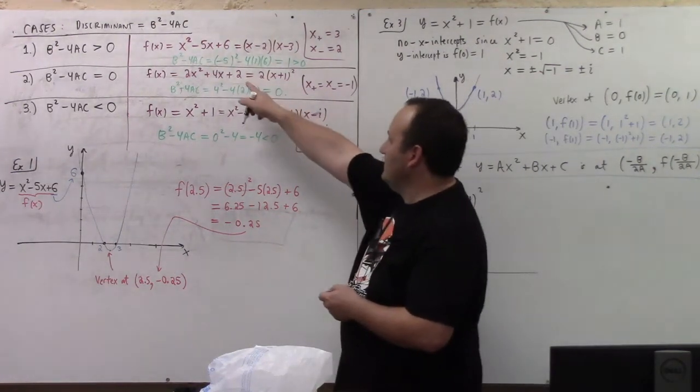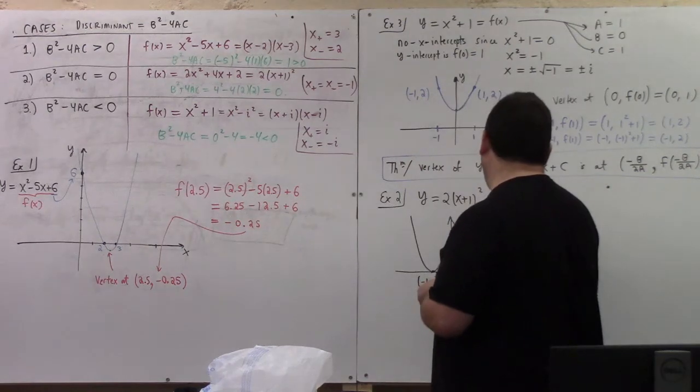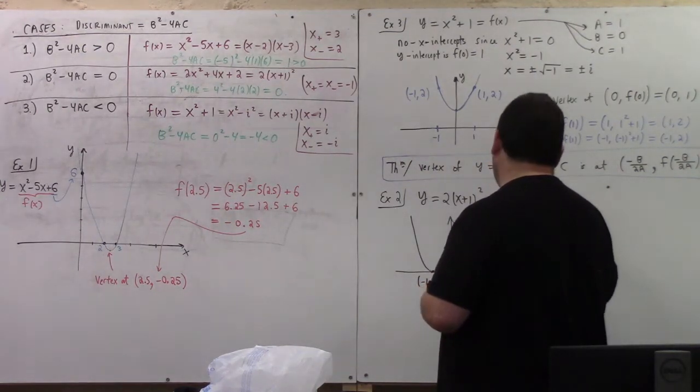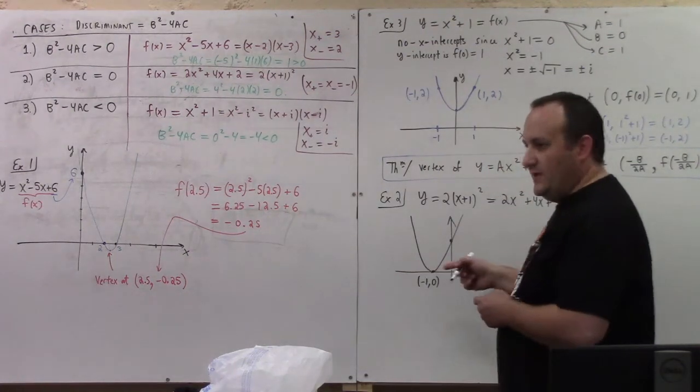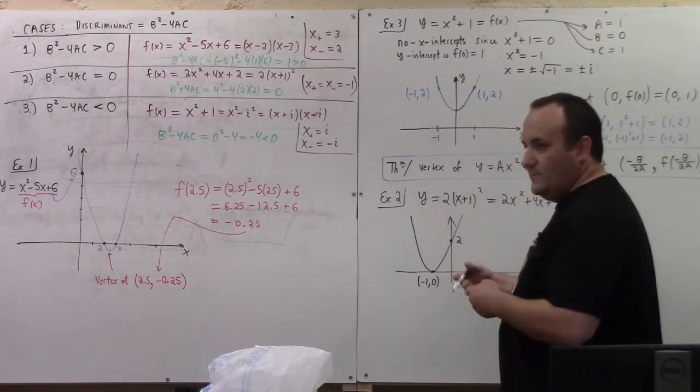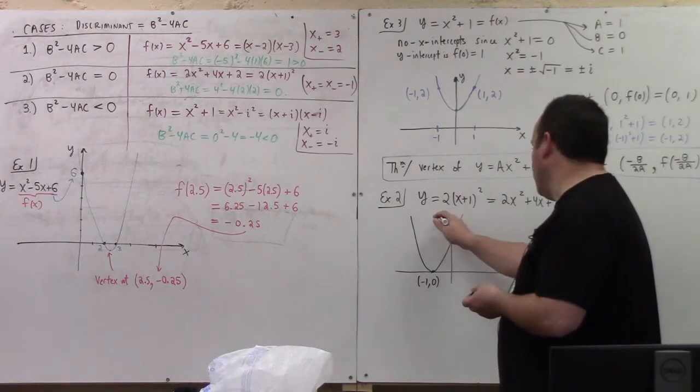We can go back to the original formula and look for the constant term. The constant term tells you what the y-intercept is. It's at 2, or 0, 2 if you want the label of the point. So there's the graph of that one.